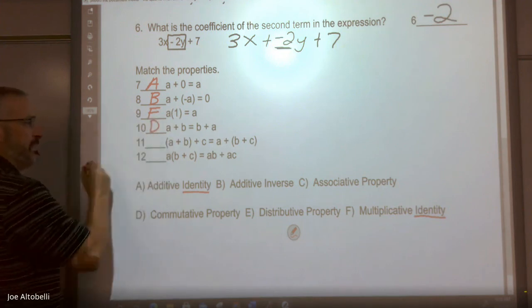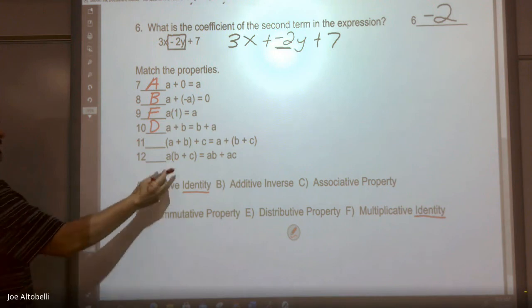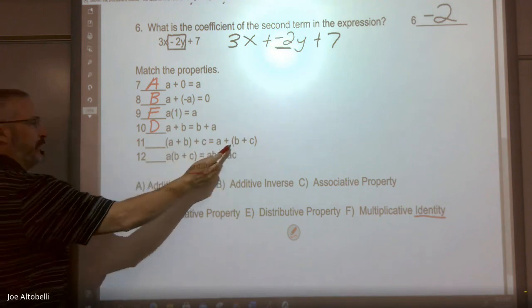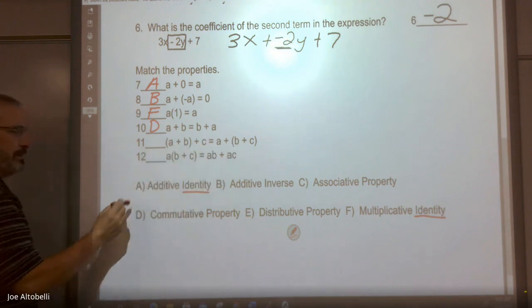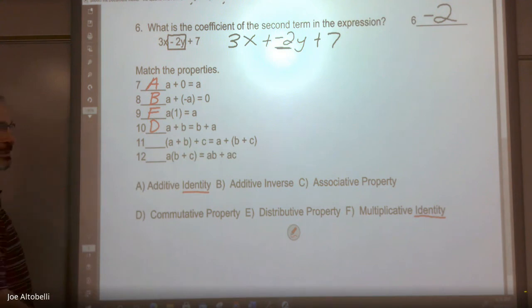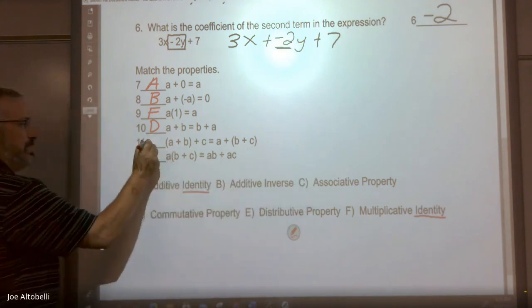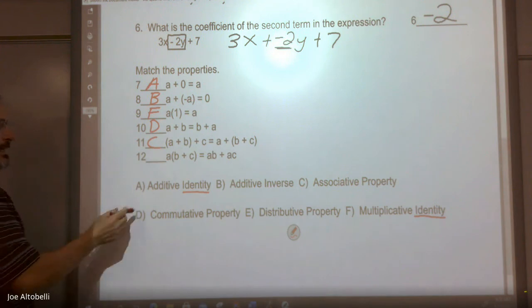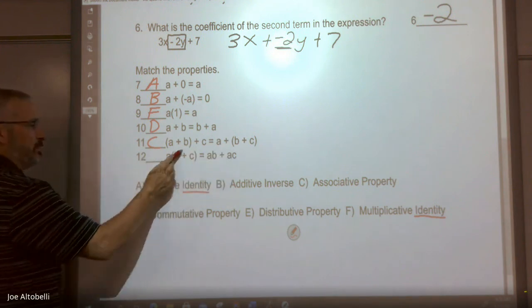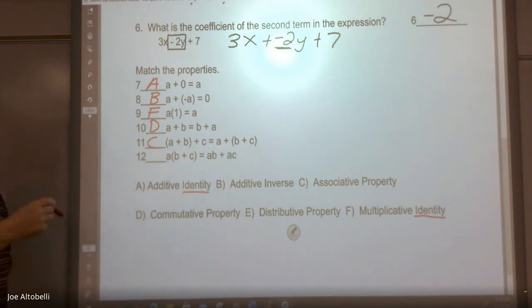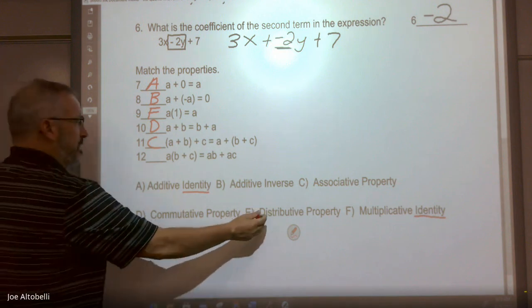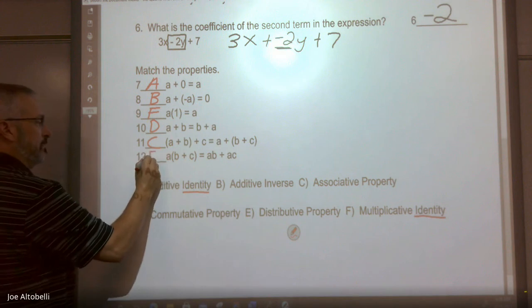So that's D. And this one is grouping changes, and the grouping changes is the associative property, C. And the last one is where we multiply the first, multiply the second. That's the distributive property, and that is E.